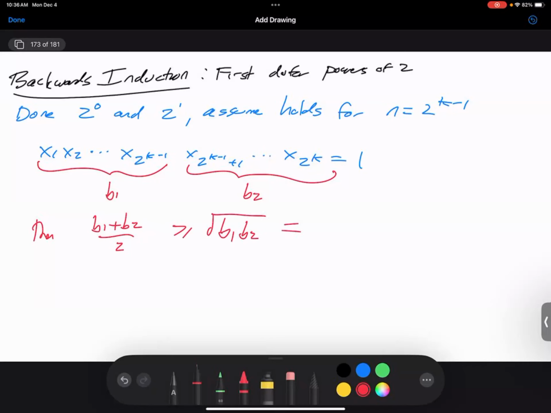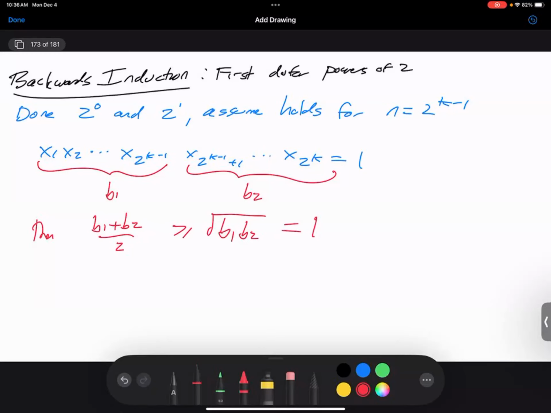And what does that equal? 1. So we know B1 plus B2 over 2 is going to be greater than or equal to 1. Why is this true? This is just our base case. We've proven that it works when we have a power of 2.